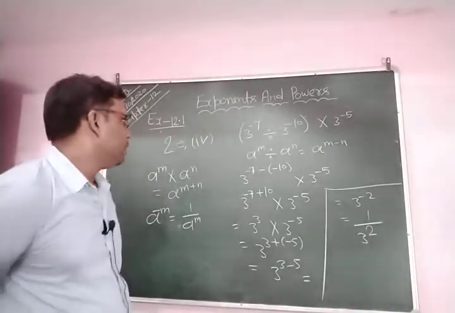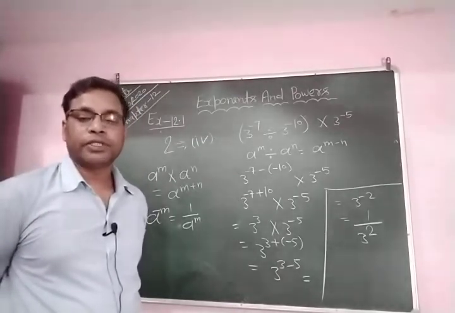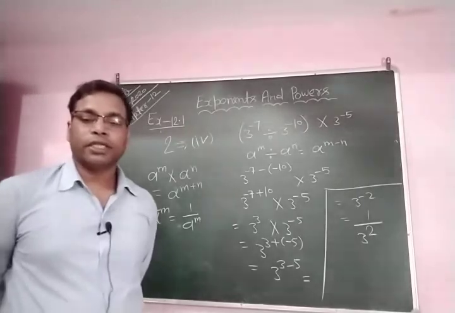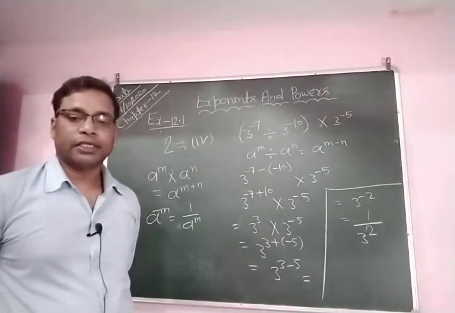So I hope all of you understood this question. Now the next part of this question is 2 power minus 3 into minus 7 power minus 3.